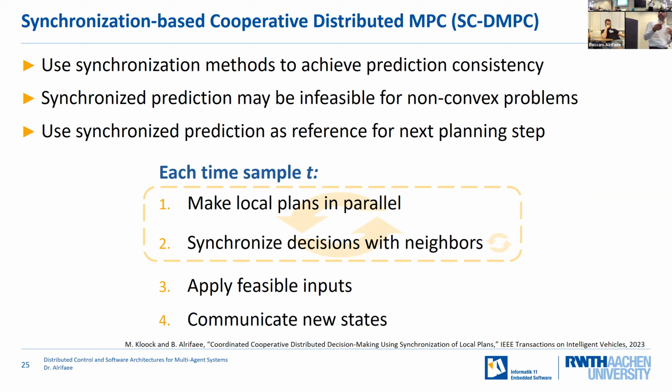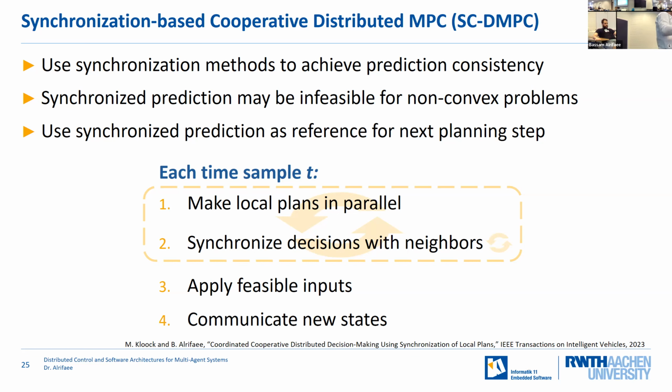So synchronized predictions maybe, but infeasible in a non-convex problem. For convex problems, synchronization solves this problem, but for non-convex, no. So what can we do? We will see in the next slide. We use the synchronized predictions as references for the next planning step. So we create plans in the first step. In the second step, we synchronize them.